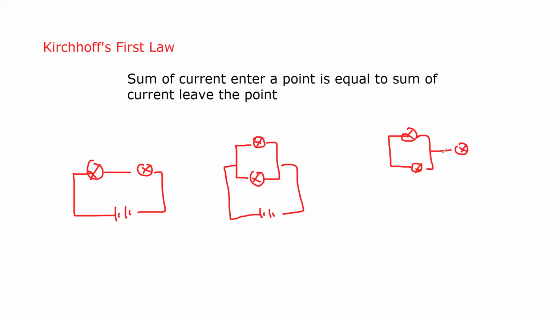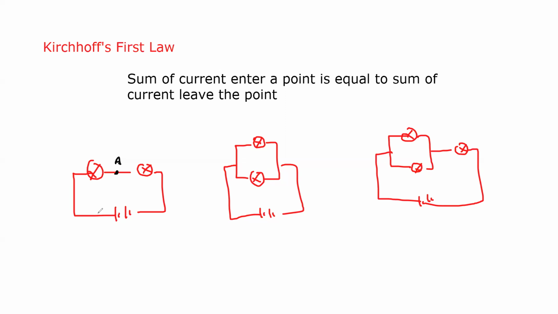So we may have a mixed circuit. According to Kirchhoff's first law, if we take any point in the circuit, for example point A here, the total current which enters this point will always be equal to the total current which leaves the point.